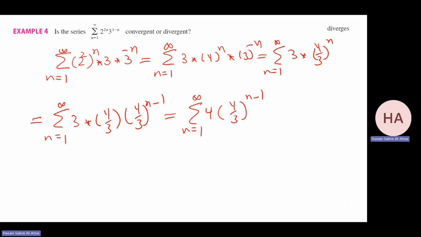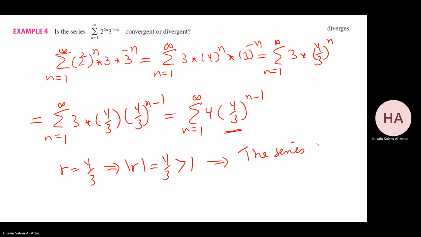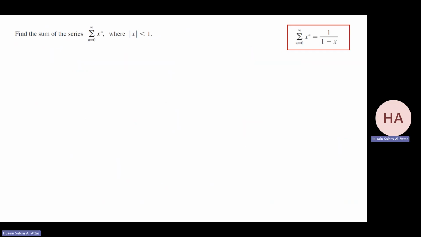So it's now completely in the same format. Very clear for me, R is what? 4 over 3. That implies the absolute value of R, 4 over 3, is greater than 1. So the series diverges. I don't need to do all of this calculation.